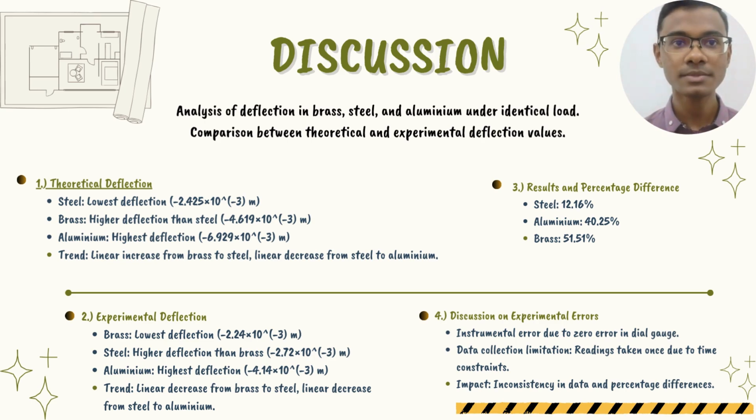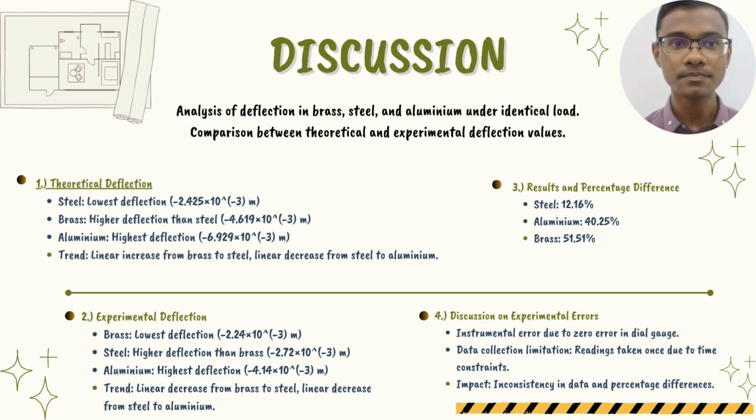Moving on to the experimental deflection. First, brass has the lowest deflection with the value of negative 2.24 times 10 to the power of negative 3 meter, while steel has a higher deflection than brass with the value of negative 2.72 times 10 to the power of negative 3 meter.